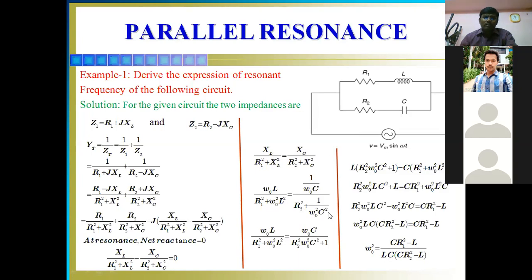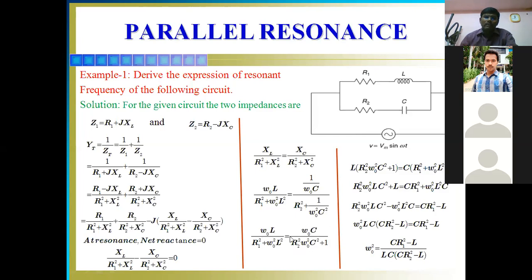Then take LCM and cross multiply. Omega naught gets cancelled.